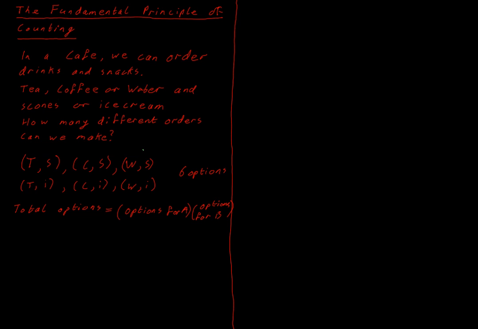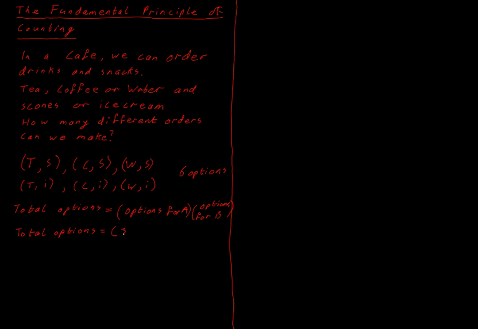And it doesn't just have to be 2 things. We could also have sandwiches that had different options, and we could have had 3 different options for our sandwiches, and we'd have multiplied by those 3 options as well. So in this case, our total options would be the number of options for our drinks, which would be 1, 2, 3.